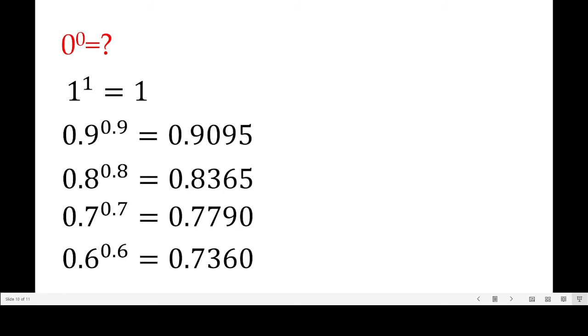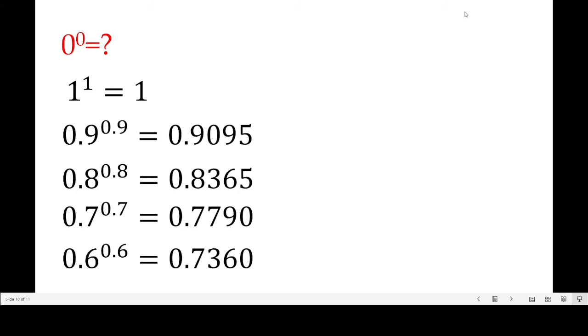Continue. 0.6 to the power 0.6 equals 0.5360. As we can see, the trend is decreasing.